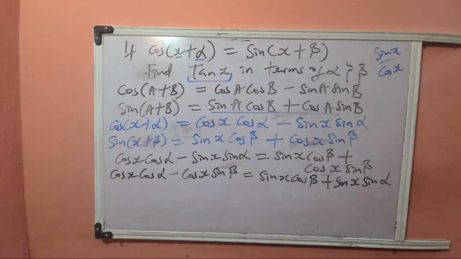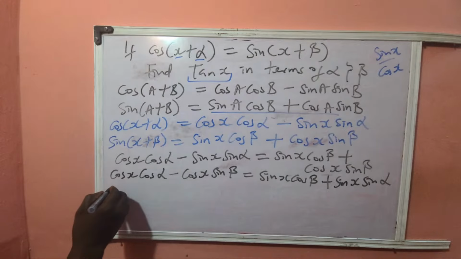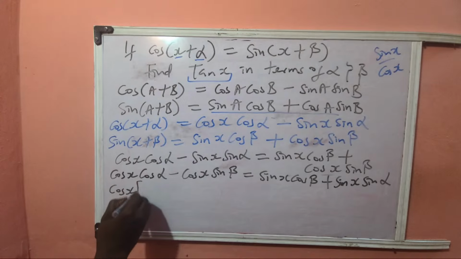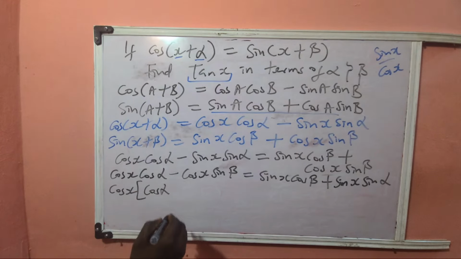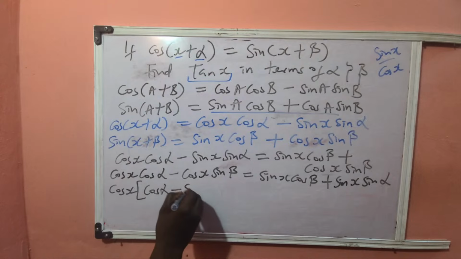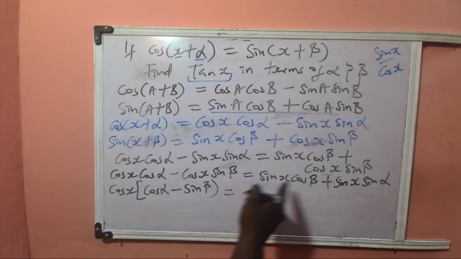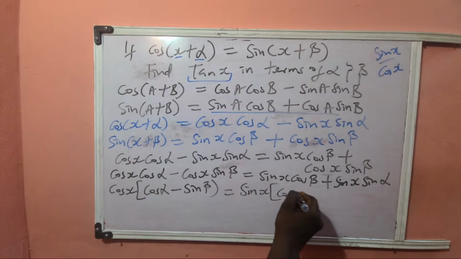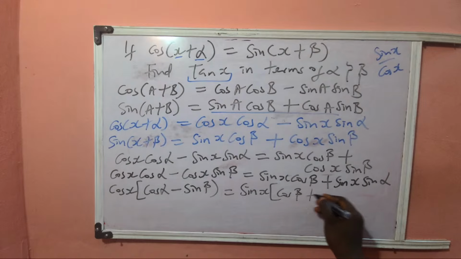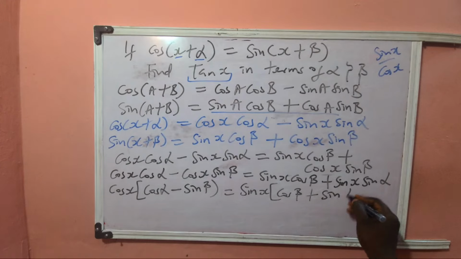So the next thing to do now is to find a way to factorize both my cos x and my sine x. So let me go on to factorize this. Obviously, this will be cos x into bracket. I'll be left with cos alpha here. Then I'll be left with sine beta here. While for this other side, factorizing sine x, I'll be left with cos beta plus sine alpha.